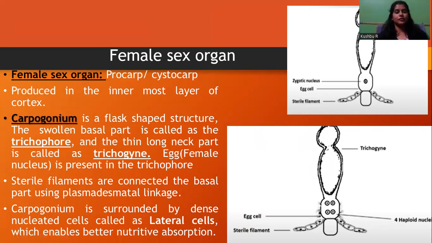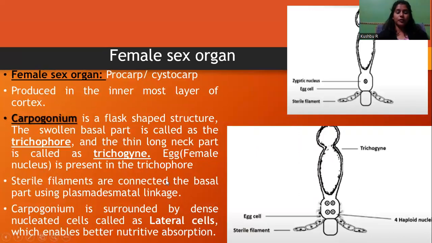So once the fertilization of the egg happens, the egg cell starts developing, it becomes diploid in nature, the zygote starts developing, and then it produces the daughter cells. The diploid nuclei will now generally undergo meiosis and produce more nuclei.